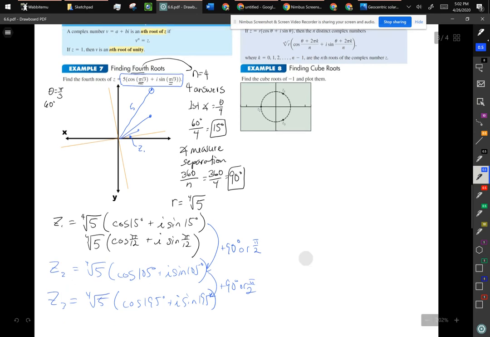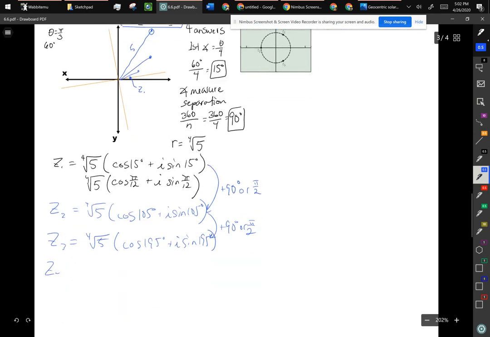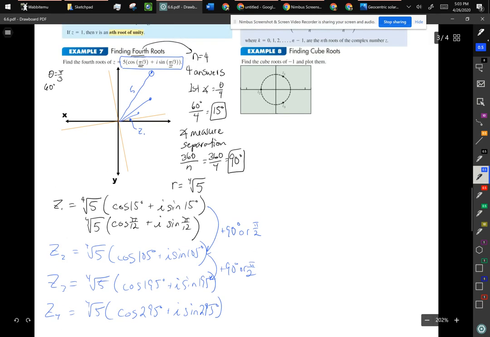We expect 4 answers. So Z4 is the fourth root of 5 as its radius, but it's going to be cosine of 295 degrees plus i sine 295.